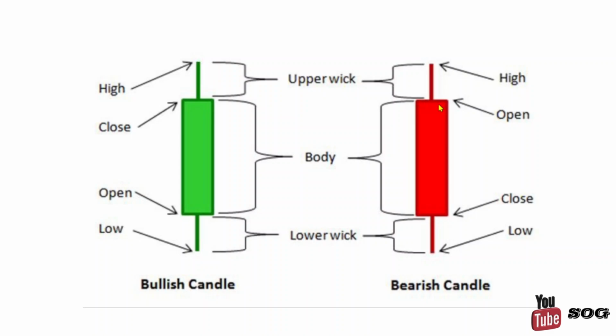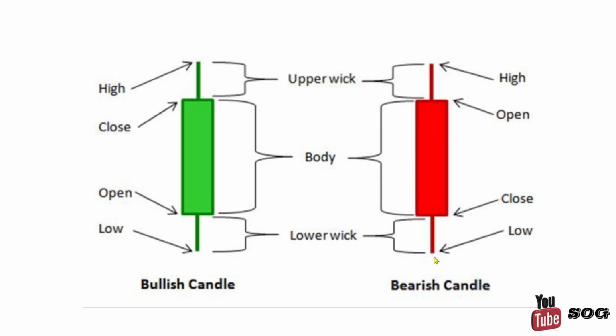The same thing, just the opposite of this place. It's showing you that the candle opened at this high and closed at this low. In the time frame, the candle went up to this point. At a point in this candle, it was showing green color when it was going up, but then the price reversed and came down to this point, which is the body.